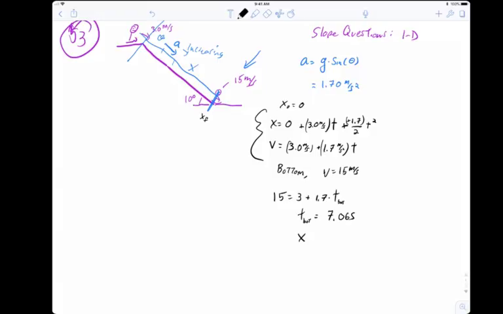And so the position at the bottom is 3 times 7.06 plus 1.7 over 2 times 7.06 squared, which is 63.5 meters. And there's the answer to question B, and this is the answer to question A. Well done. Move on to the next.